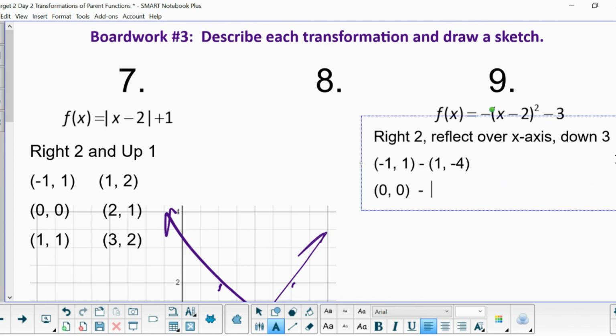You're going to go right 2, which is 2. You're going to make this negative, it doesn't change it, and then go down 3, so -3. And then the point 1, 1, you're going to go right 2, so that's to 3. You're going to make this negative, which is a -1, and subtract 3, which is a -4.